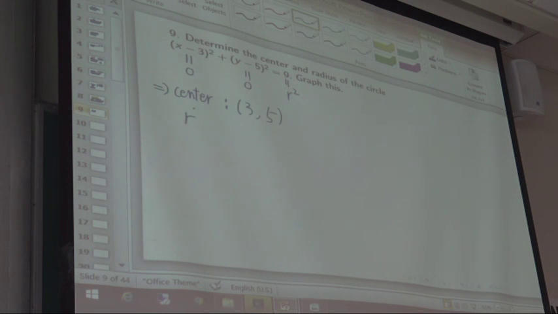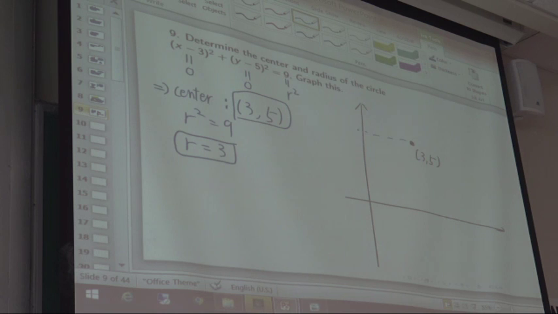Now r squared is 9. So what is r? 3. Plus minus square root of 9, which is plus minus 3. But we only take the positive for the radius. So the radius is 3. And the center is 3, 5. So if we draw that, 3, 5 here, and the radius is 3.